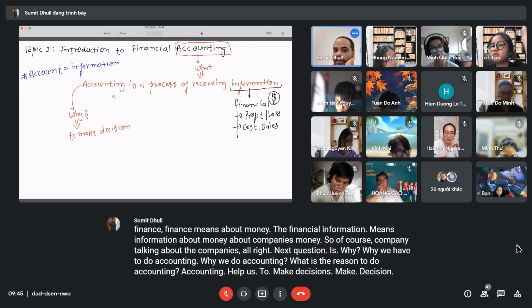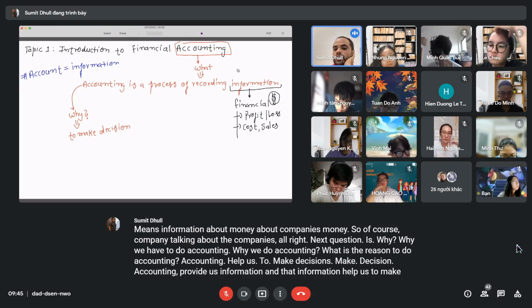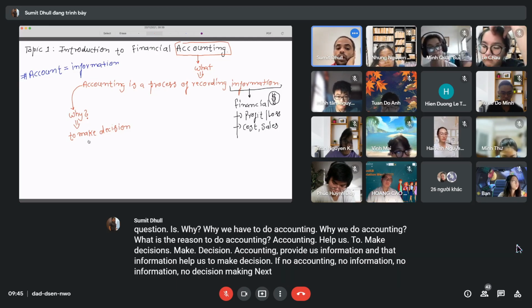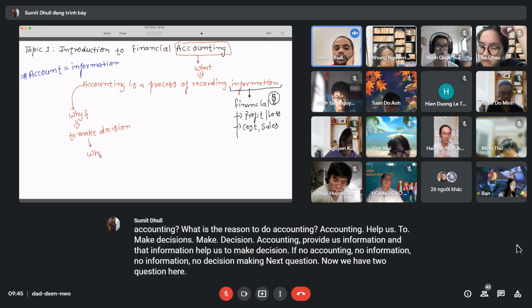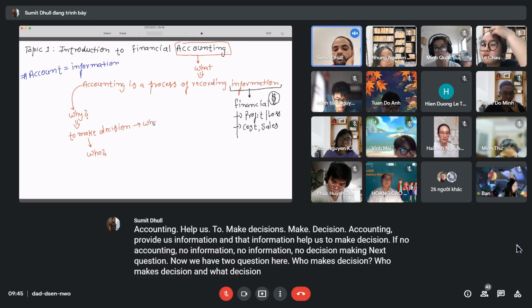If accounting provides us information and that information helps us to make decisions, then with no accounting there is no information, and with no information there is no decision making. Now we have two questions here. Who makes decisions? And what decisions do they make?